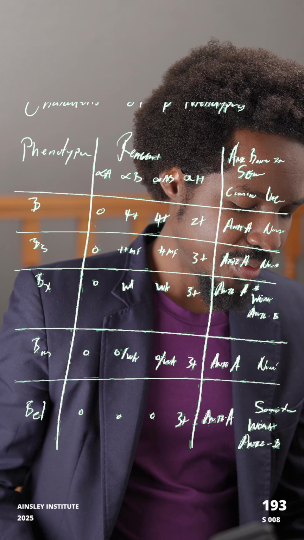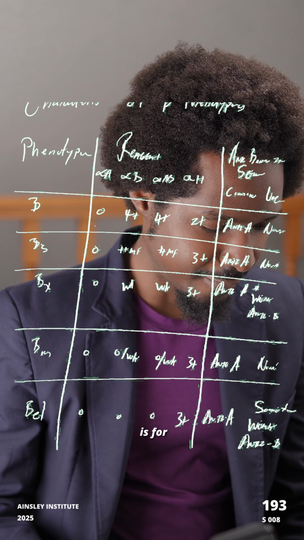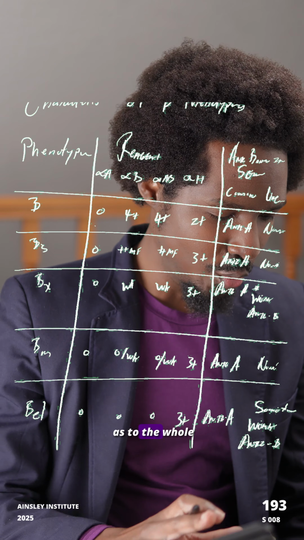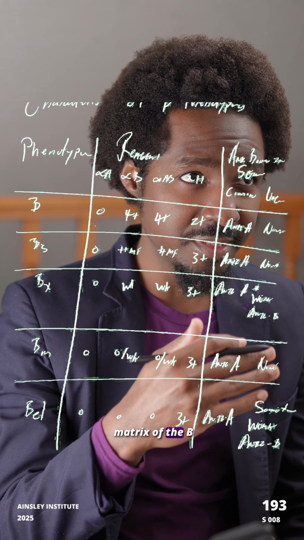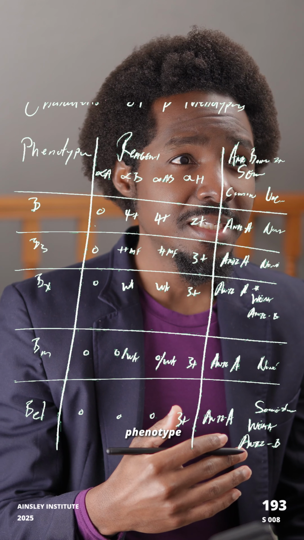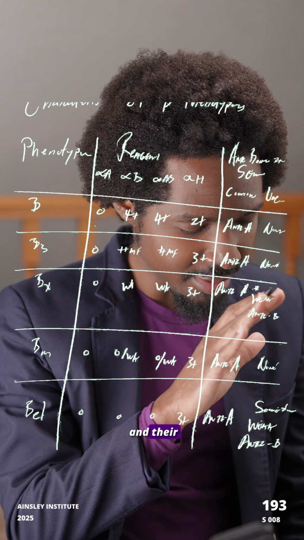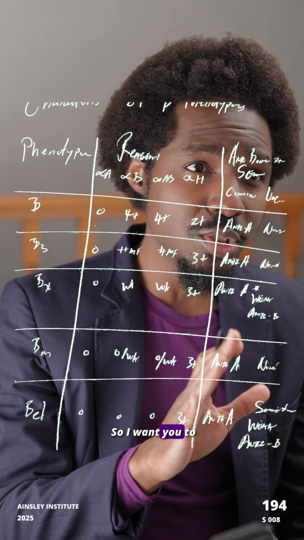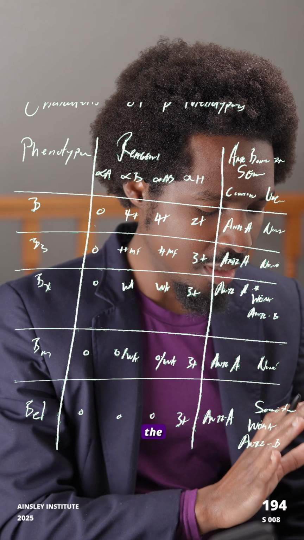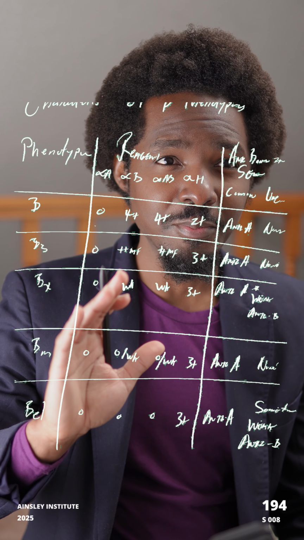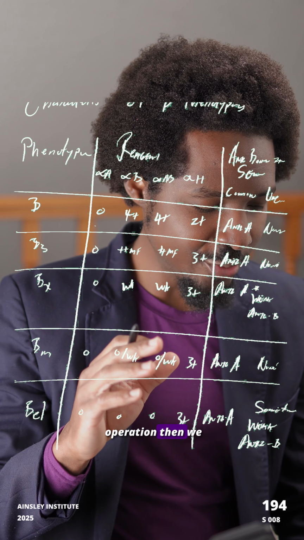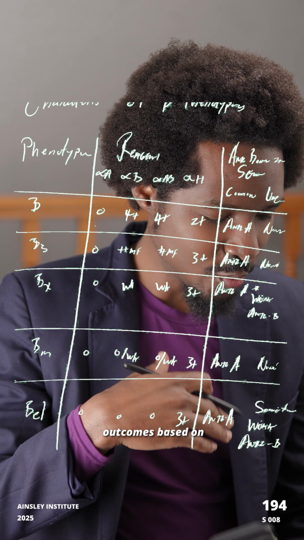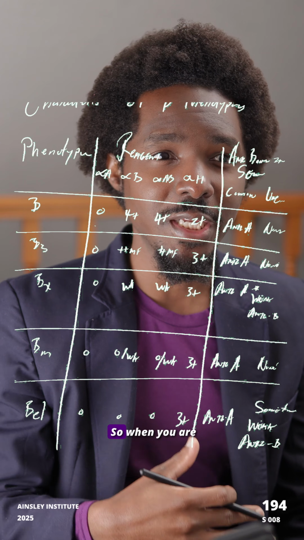All right? So this is for us to have an understanding of the whole matrix of the B phenotype system and their characteristics. I want you to just remember the pattern, and from it we're going to deduce the possible outcomes based on the reactions that we get.